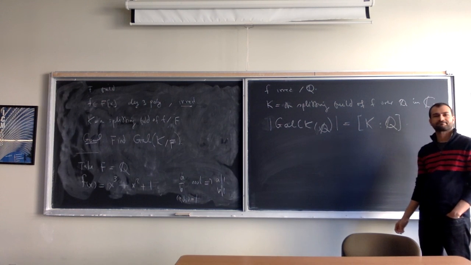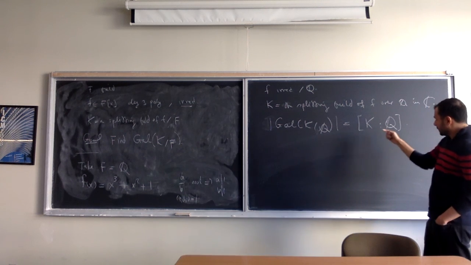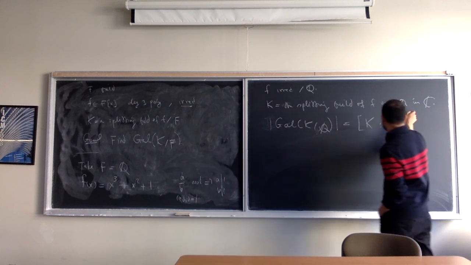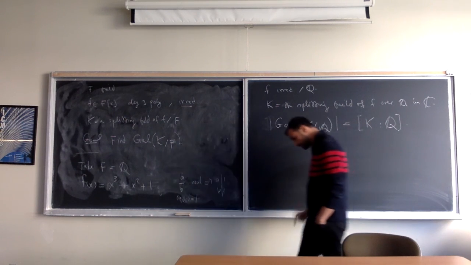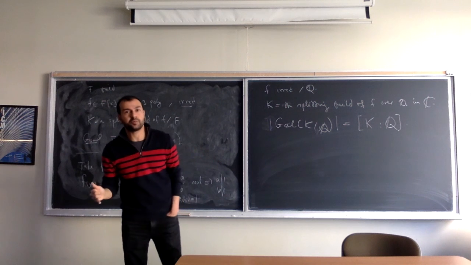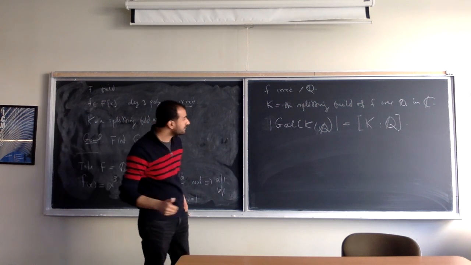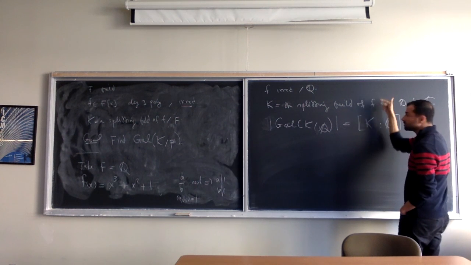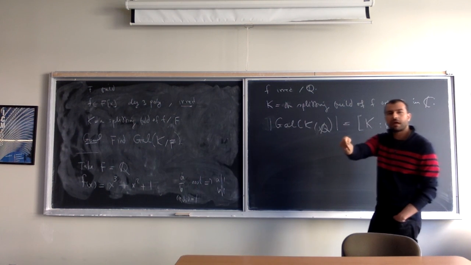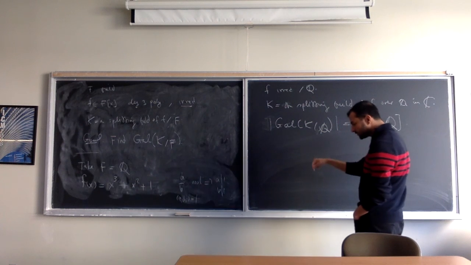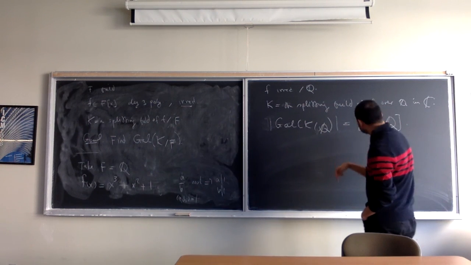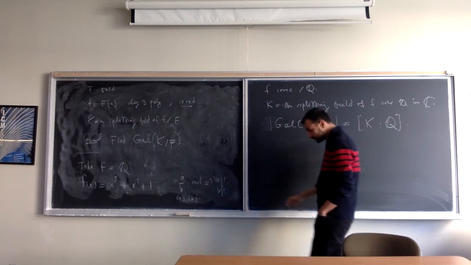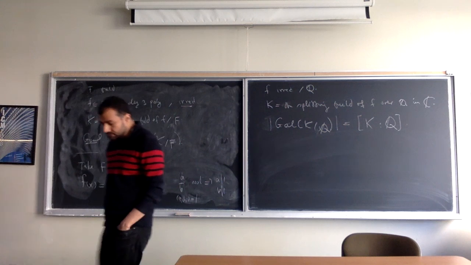Exactly, because K is the splitting field of the polynomial, so that's important in this result. There's another thing that is important: the general result, when you want to apply theorem 51, you also need to make sure that the irreducible factors of this polynomial are separable, that they don't have any repeated roots.